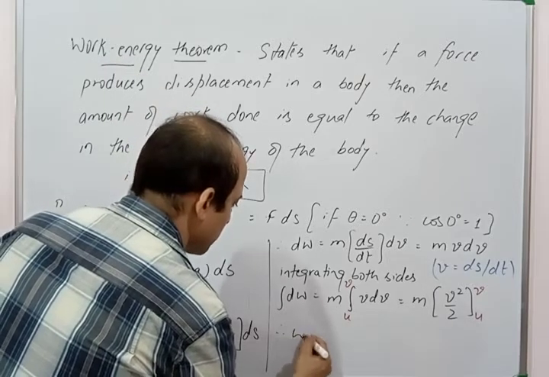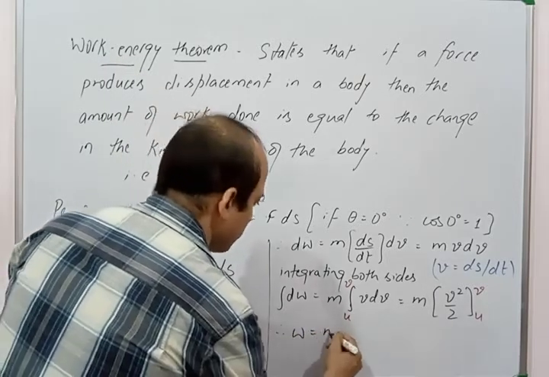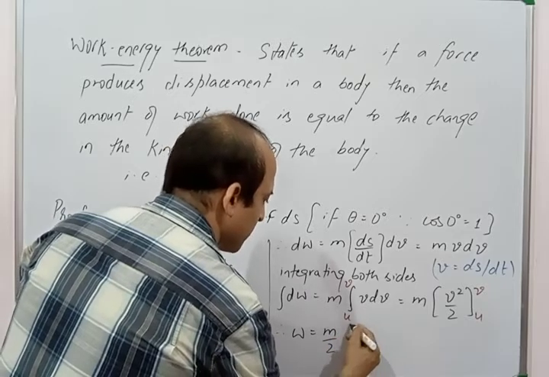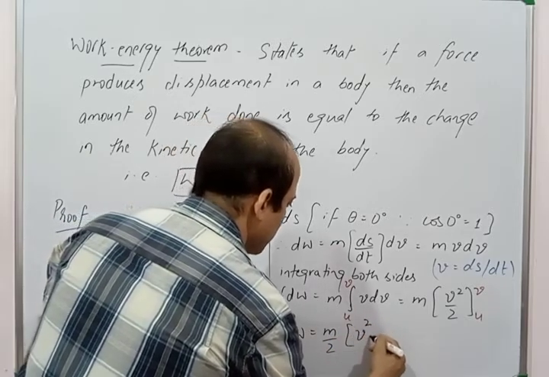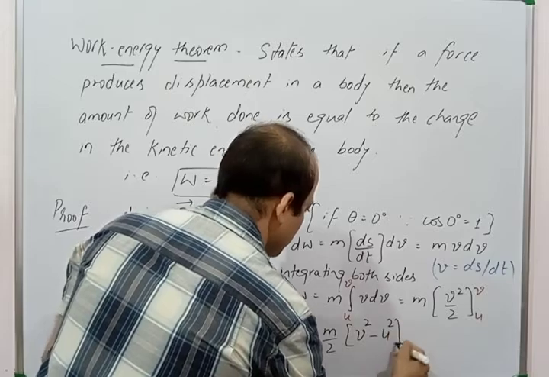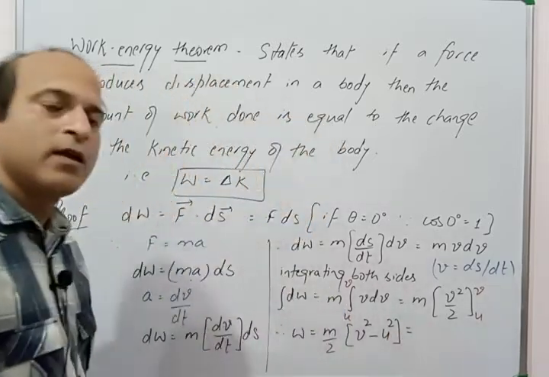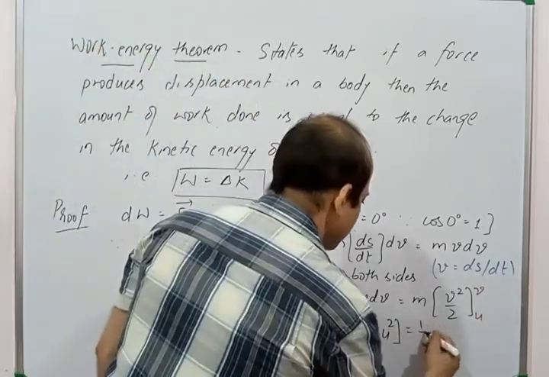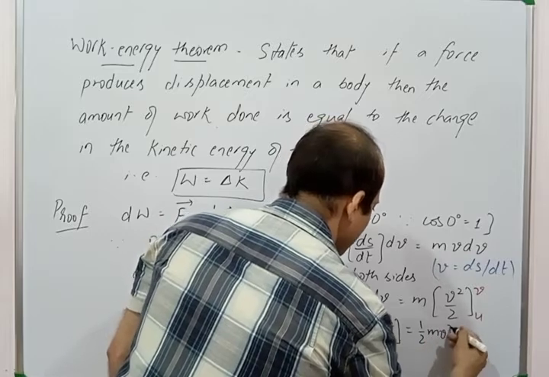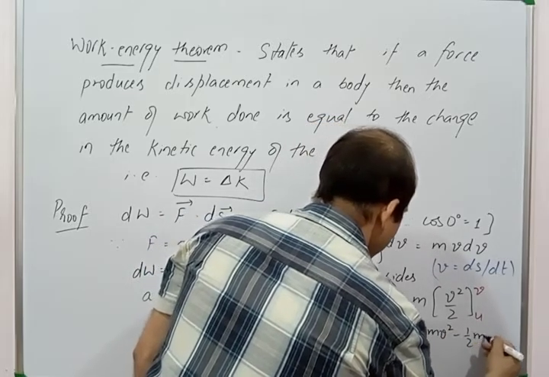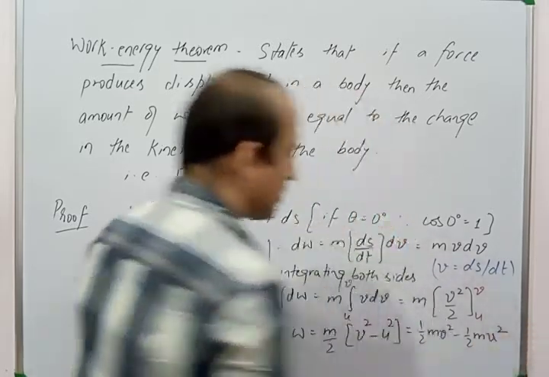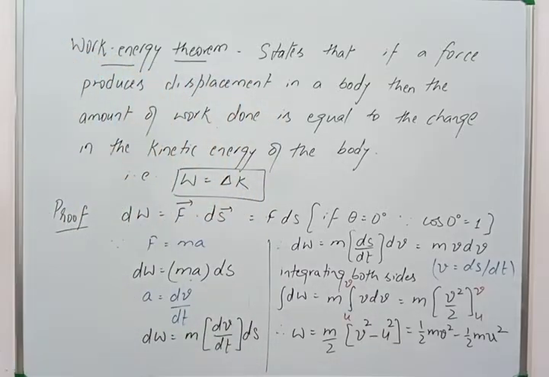dw integration is w, m by 2. 2 पे तो लिमिट लगेगा नहीं. Upper limit v square minus lower limit u square. This is half mv square minus half mu square, correct? So final kinetic energy half mv square minus initial kinetic energy half mu square.